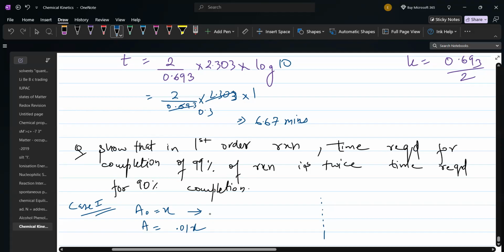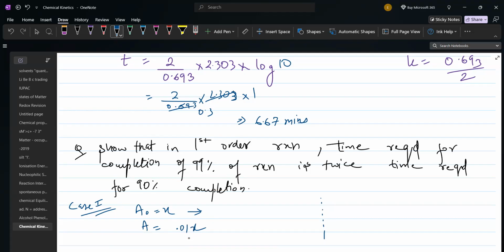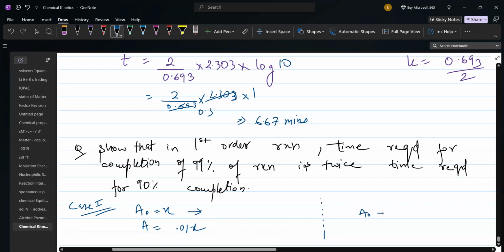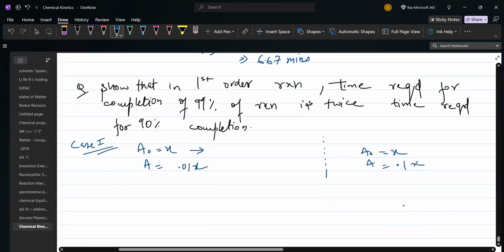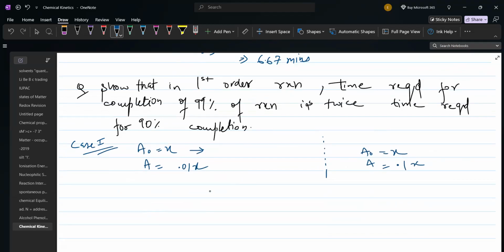Means nearly everything has reacted, only 0.01x is left. In the second case, when we take A naught as x, A will be 0.1x, because 90% is completed, only 0.1x will be left. Rishita, you can ask if you have some doubts. Have you understood?